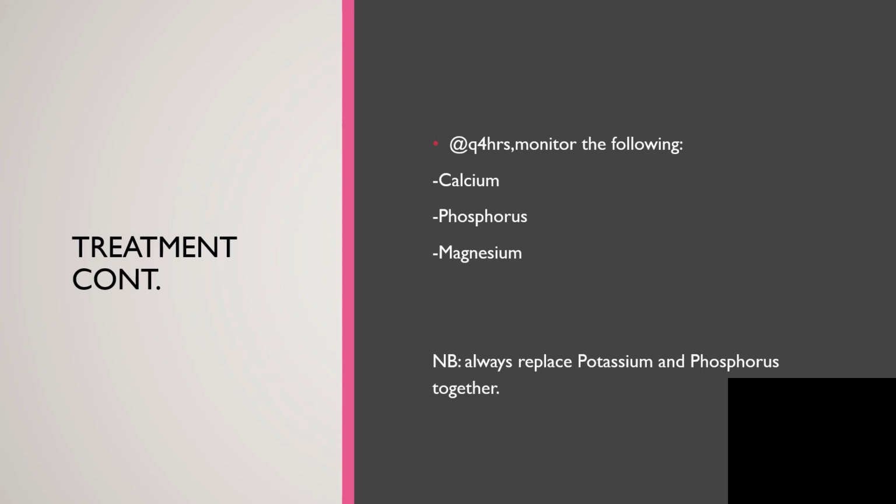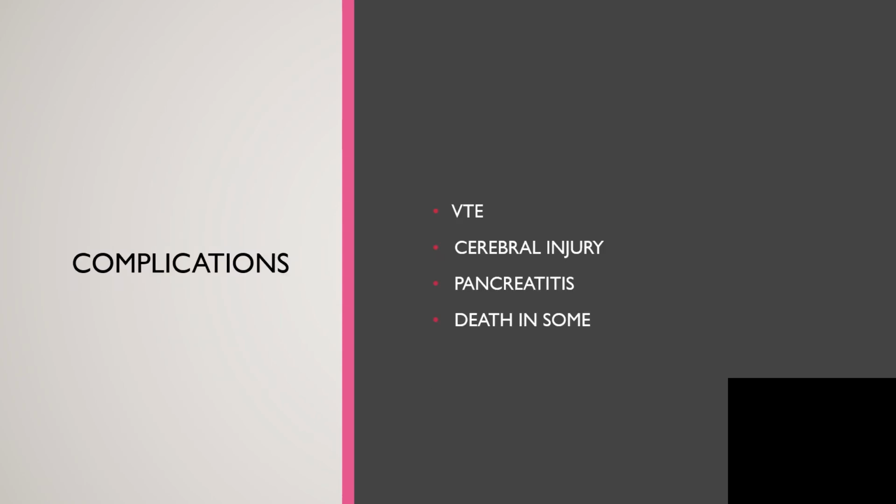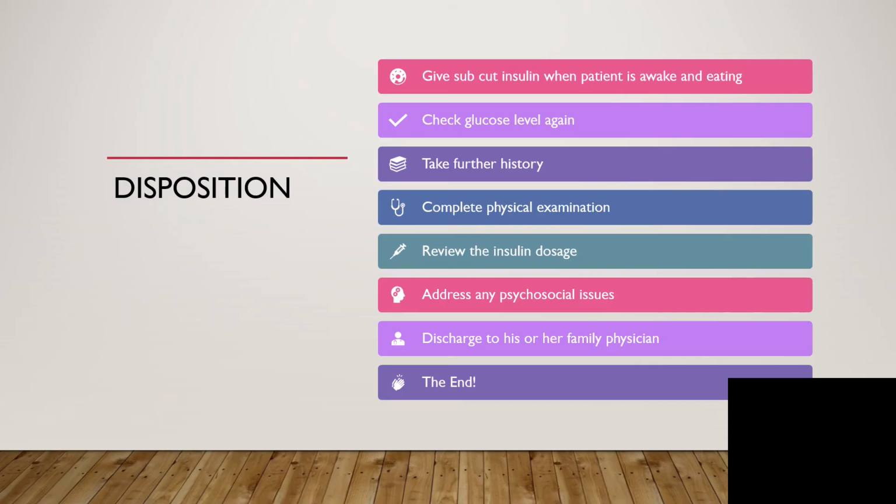And while replacing potassium, we should remember to replace phosphorus at the same time, so that we replace potassium and phosphorus together. The possible complications here are venous thromboembolism, cerebral injury, pancreatitis, and death in some. We continue our subcutaneous insulin when the patient is awake and eating until we are comfortable that the individual could eat and administer the insulin as may be expected.